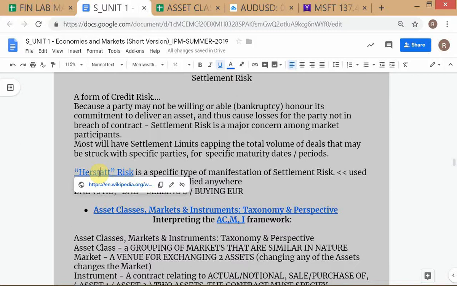Early that morning, the bank opened in Germany and the regulators declared it bankrupt. If it's bankrupt, it doesn't have to fulfill its obligations. So whatever settlement instructions that bank was supposed to send out that day didn't go out, and whatever monies they were supposed to pay that day never got paid.